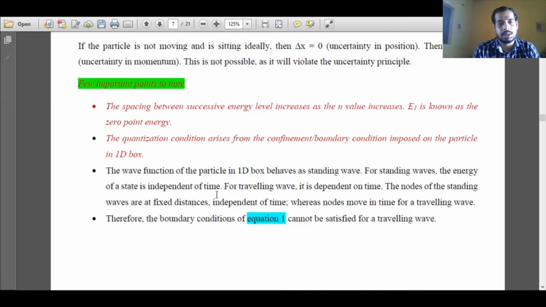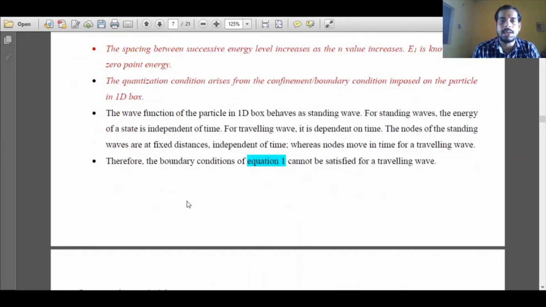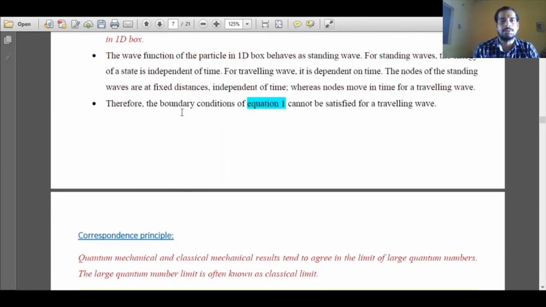But for a traveling wave, when the particle is not confined and is traveling freely, the energy depends upon time. The nodes of a standing wave are also fixed, but the nodes of a traveling wave are not fixed. So essentially the particle in a one-dimensional box behaves as a standing wave. Therefore the boundary condition in equation 2 cannot be applied to traveling waves, but we are not considering traveling waves here. We are considering only standing waves.